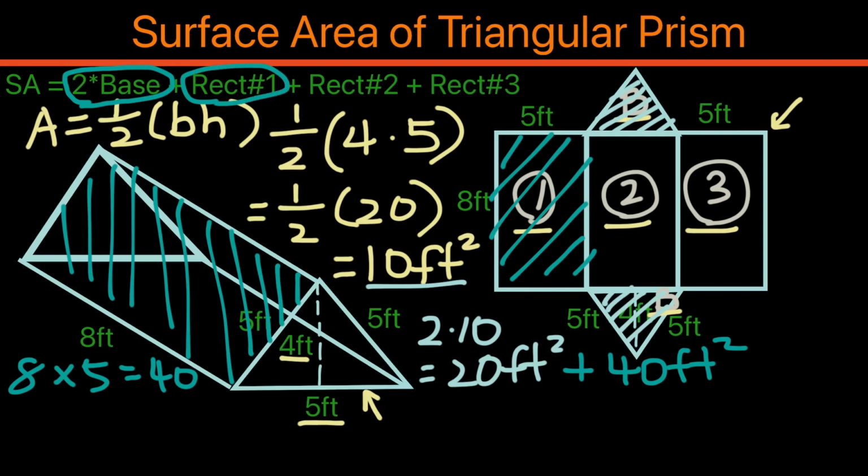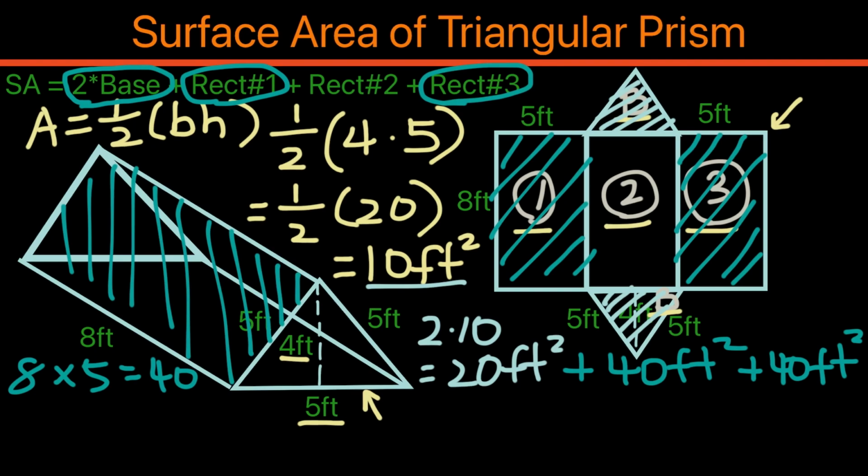Now what about this one? This one would be the same because it's also 8 feet times 5. So we would just add 40 feet square. And that takes care of rectangle number 3. Now the middle portion, we know the base of that triangle was 5 feet.